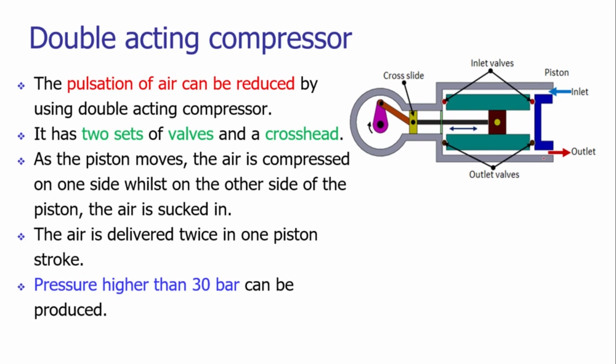So it is having the cylinder arrangement. The cylinder is hosting the piston, and that piston is having the connecting rod, and that connecting rod is connected to the crank, and we are having the crankshaft.